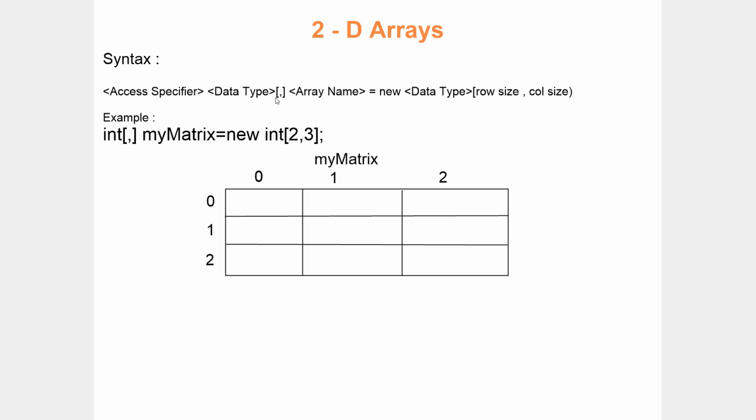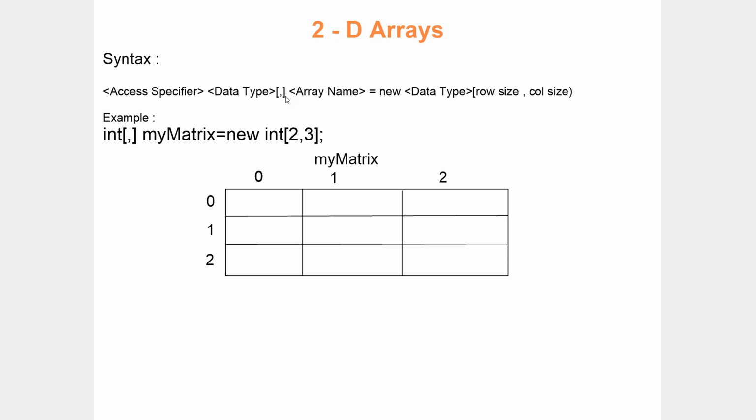In the previous case, in 1D, we defined the nature of the variable, but there we haven't used a comma. Here, your square brackets will define the nature of the variable, which is nothing but a collection. This variable is not going to be an ordinary variable, it is going to be a collection. To define that nature, you have to use square brackets.